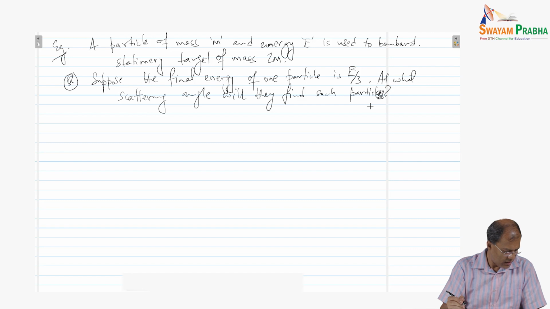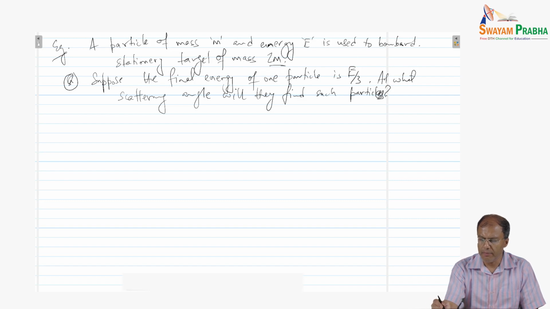Okay, so we are given that the particles are of mass m and 2m. The stationary target is of mass 2m, right? So 2m is our mass m2, because that is the stationary mass, and the moving mass is mass m1, right?